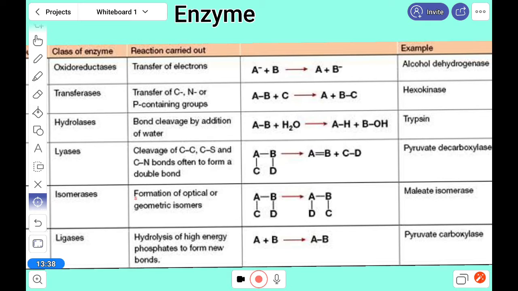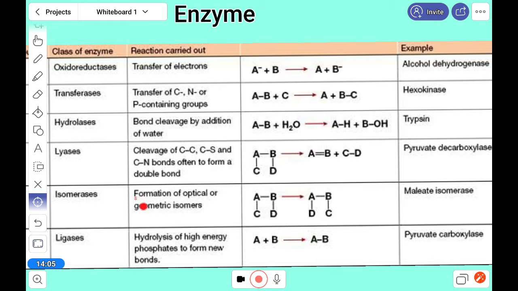Lyase, here also the bonds are cleaved, but here water is not involved. Look here, it cleaved and formed something else. Suppose decarboxylase, the different kinds like pyruvate decarboxylase.